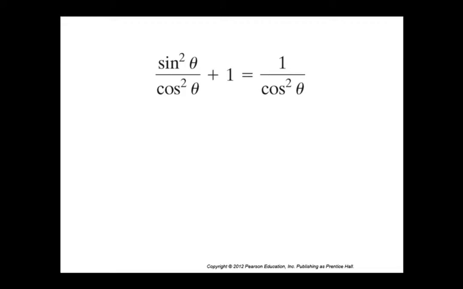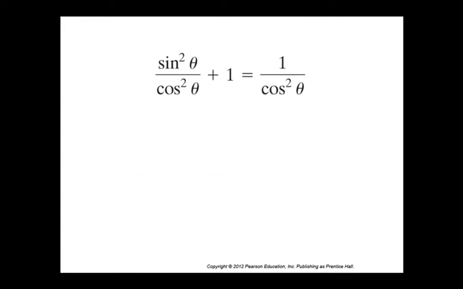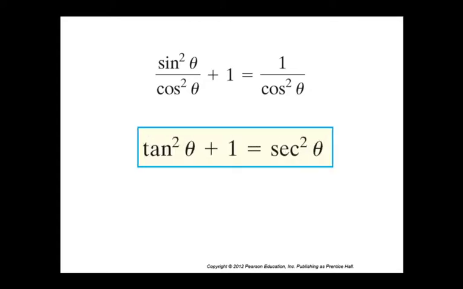We can also say that sine squared over cosine squared plus 1 is equal to 1 over cosine squared. Therefore, that equates to tangent theta. So we can also say that sine squared of theta over cosine squared of theta plus 1 is equal to 1 over cosine squared theta, or basically tangent squared theta plus 1 is equal to secant squared.